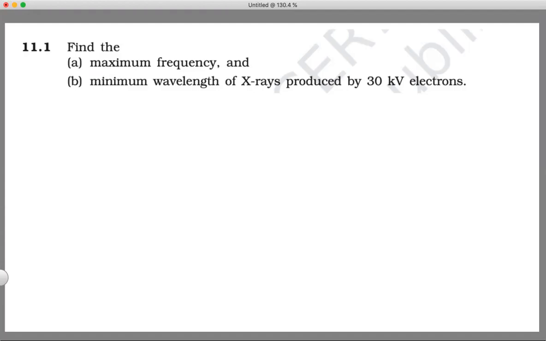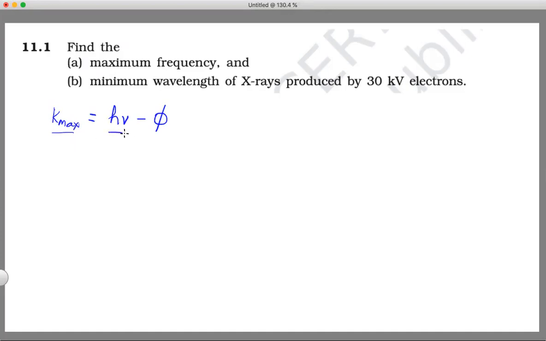So let's get started. The formula that we need to really use the most is K max is equal to h nu minus the work function. This is the maximum kinetic energy of the electron which is emitted.